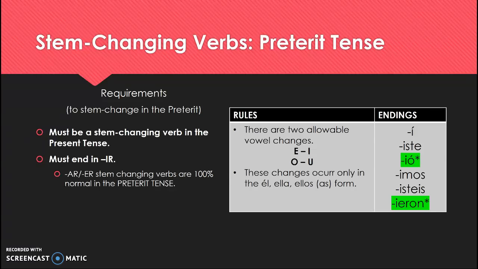But remember, only IR stem changing verbs can vowel change at all in the preterite. If you get a verb like devolver, it cannot change. Poder cannot change. Poder happens to be an irregular or a category verb. Despertar, no vowel change for that verb.